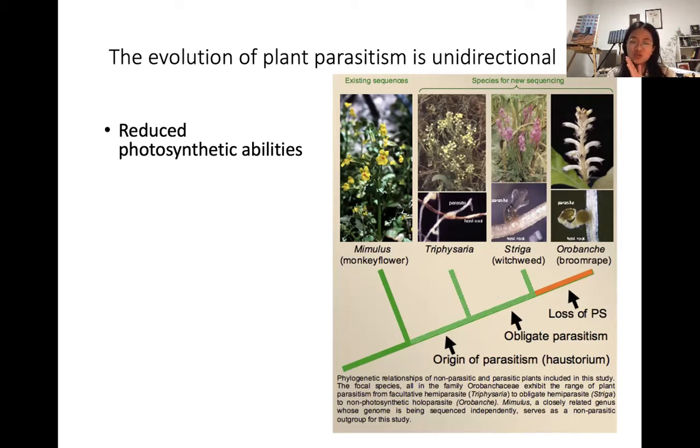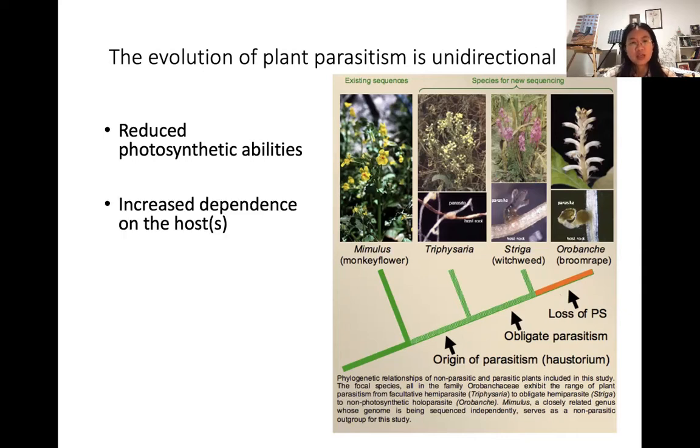And then as you go towards the more recently diverged lineages, you get facultative parasites and obligate hemiparasites, and then you also get multiple independent losses of photosynthesis to create different lineages of holoparasites.